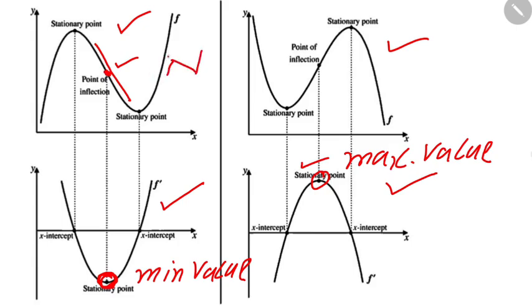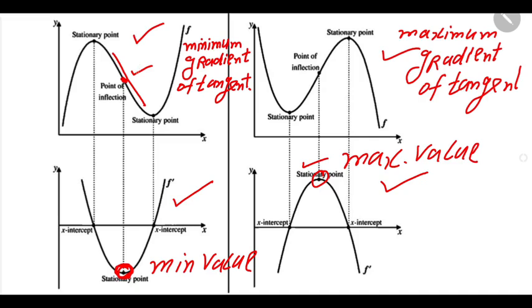So this is a positive cubic graph, a happy cubic graph, and this is the negative cubic graph, and there is always going to be a maximum gradient of tangent here, and a minimum gradient of tangent here. So must remember: for a positive cubic graph at the point of inflection, minimum gradient of tangent, and for the negative cubic graph at the point of inflection, maximum gradient of tangent.